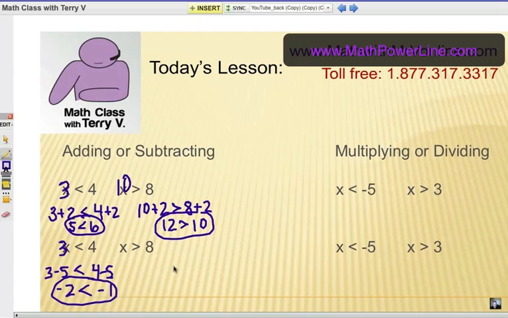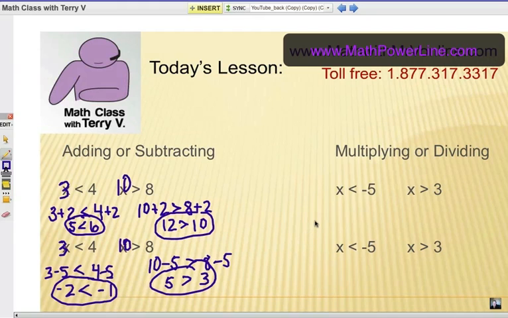Now let's say 10 is greater than 8. That's true, right? Well, let's go ahead and subtract 5 from each side here. So 10 minus 5 and 8 minus 5. All right, well, over here I get 5, and over here I get 3, and yep, 5 is still greater than 3. So it doesn't matter if we add or subtract positive or negative numbers, this still is true. We don't have to change the inequality symbol.